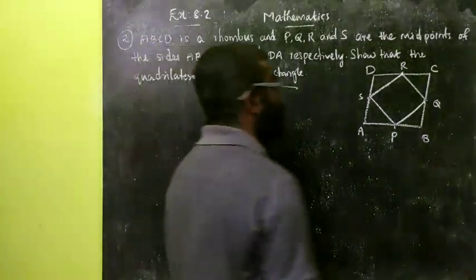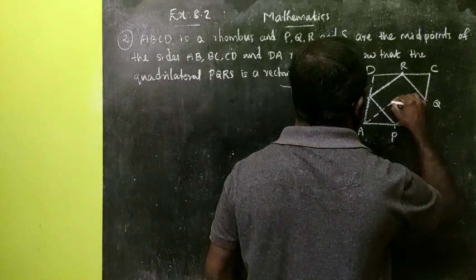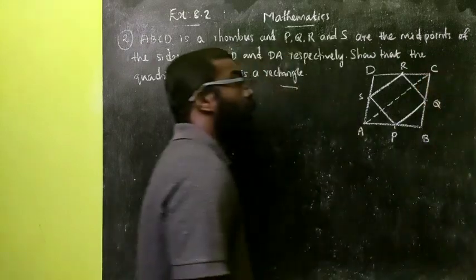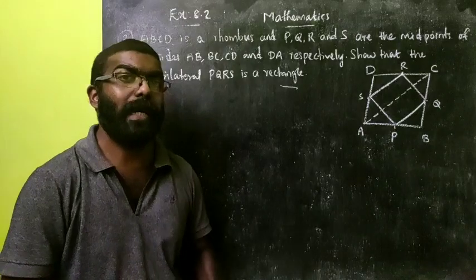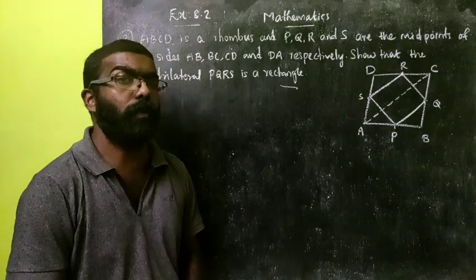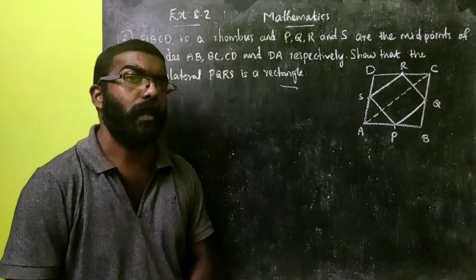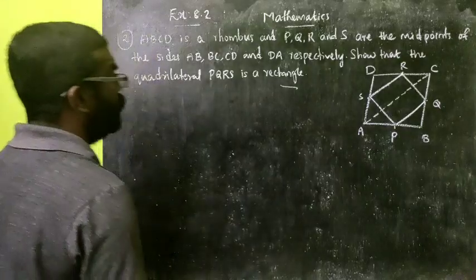Okay. First we can join this diagonal AC. And we can prove PQRS is a parallelogram. First we are going to prove PQRS is a parallelogram. For that we can write the steps as we have discussed in the first question. The same procedure.